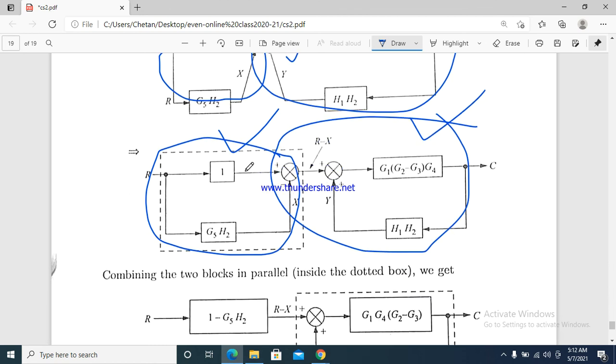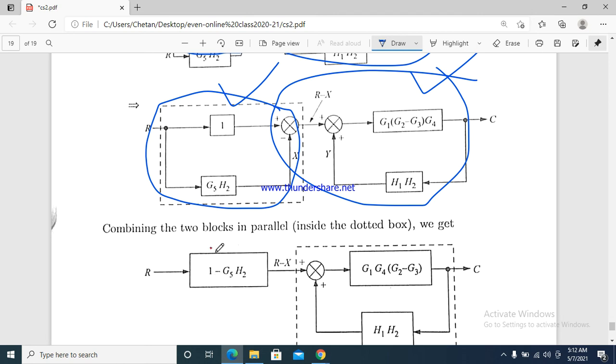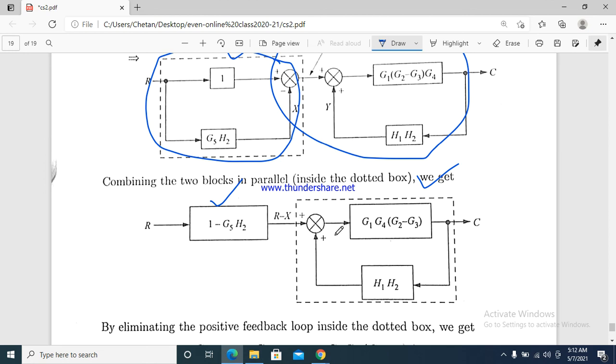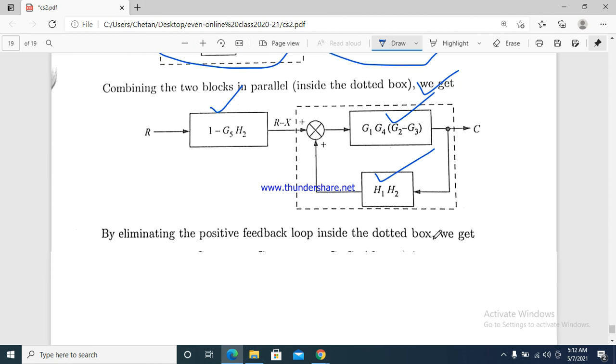If you simplify this first portion, you will get 1 minus G5 into H2. If you simplify this portion, you will get this portion. This is also G of s by 1 plus G of s into H of s. G of s is this value, H of s is this value.